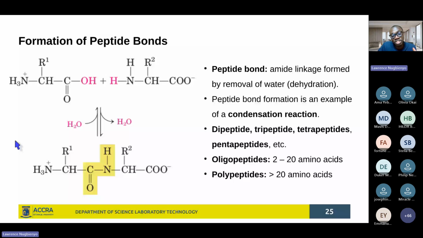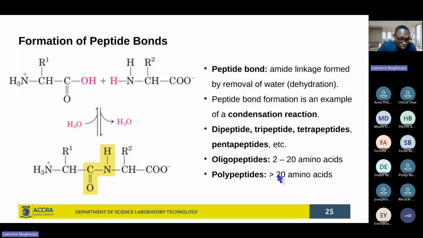So the continuation of this, so that if this reaction continues on and on, where you have this carboxylic acid group at the end here, reacting with another amine group, that is, if this carboxylic acid group is a COOH, and the same reaction occurs with another amino acid with the amine group, then it means the chain continues.